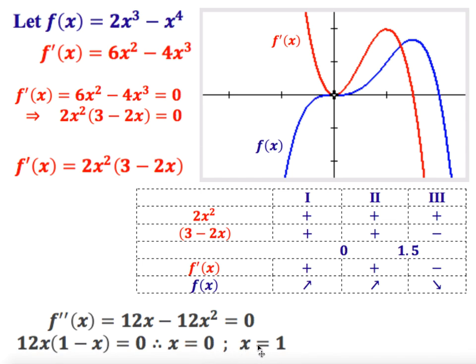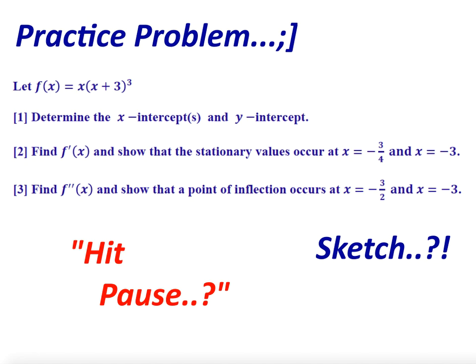It's also a point of inflection. And x equals 1 is the other place, and that's going to be right here. You can see in blue you're concave up until right about here, namely at 1. You transition and you're concave down. So the second derivative can be used sometimes to complement the first derivative test. Hit the pause button, have a read, think that through, and then we'll see where we are.